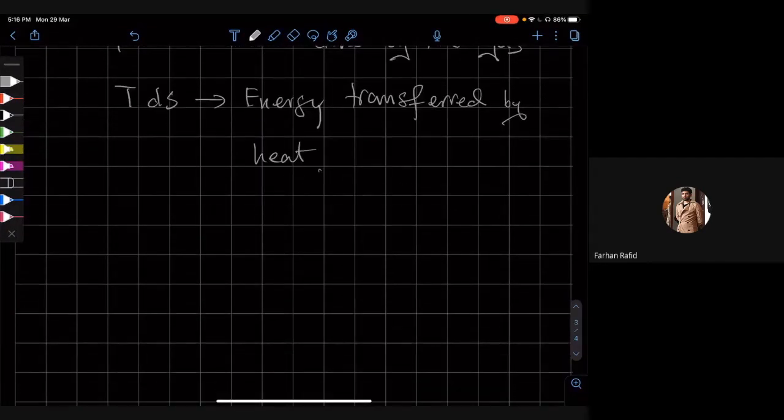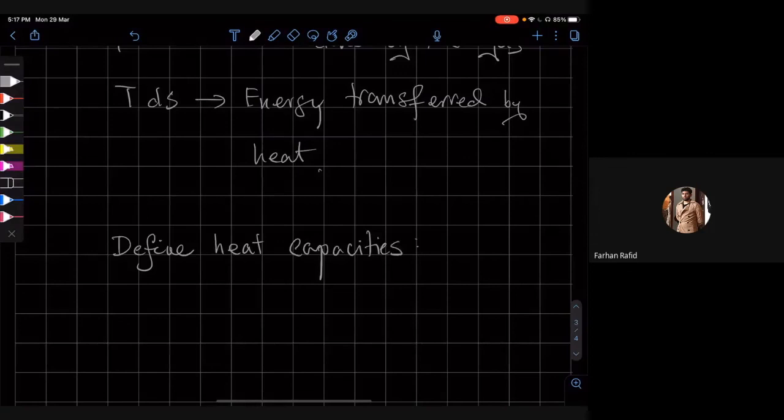And then we can define heat capacities. It's a very important quantity, and that's because it tells you how much energy can be transferred to the system due to a change in the temperature, okay?